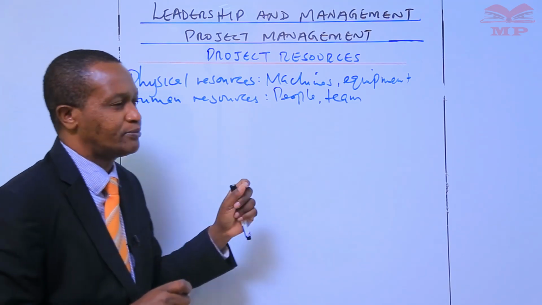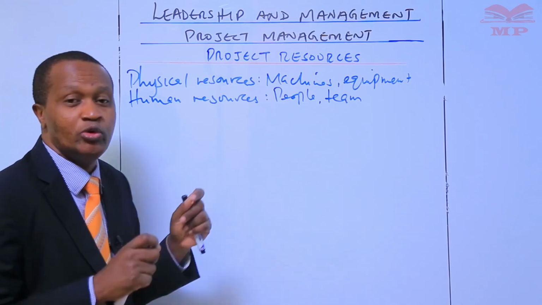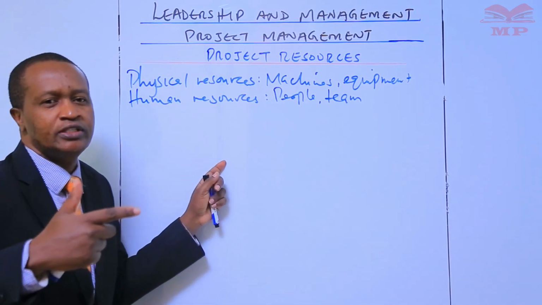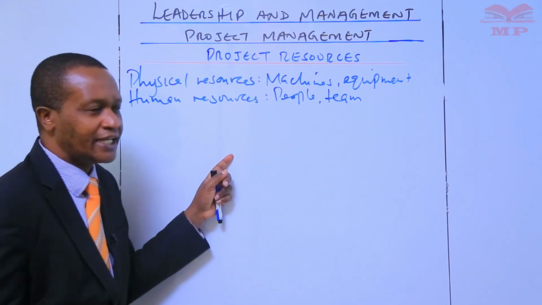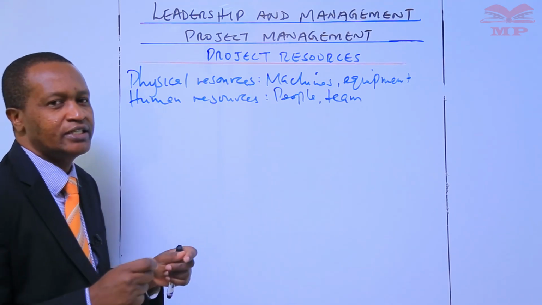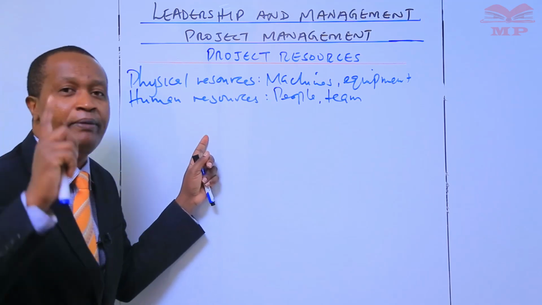So the project manager also is part of the personnel or the human resource. Although specific roles and responsibilities for the project team members are assigned, the involvement of all team members in project planning and decision making is beneficial.